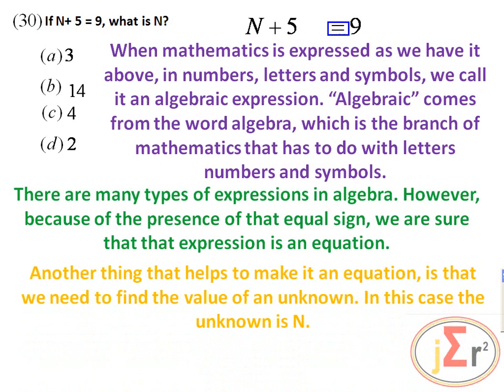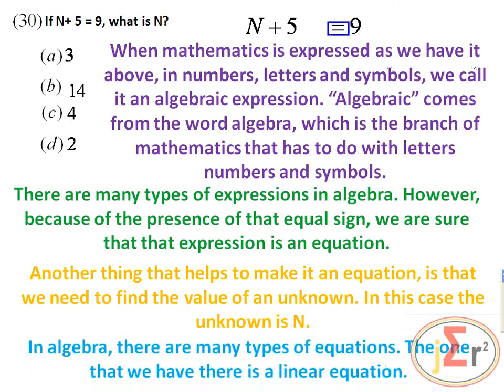Another thing that helps to make it an equation is that we need to find the value of an unknown. In this case, the unknown is n. So when we are required to find the value of an unknown, we know that what we are attempting to solve is an equation, especially with the accompanying equal sign right there.